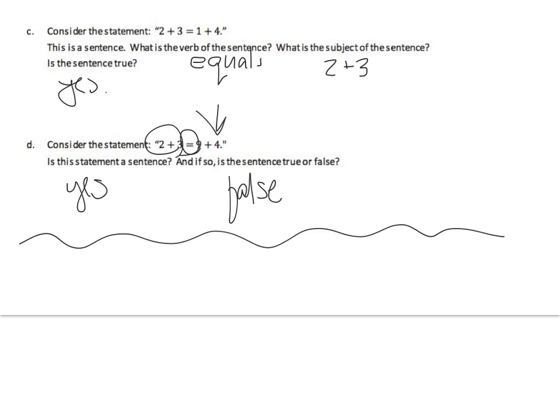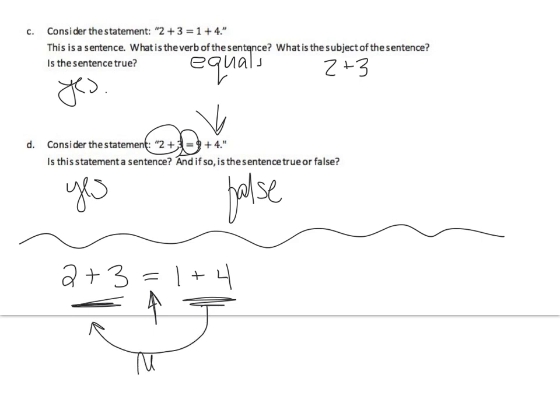And when we see a math statement like 2 plus 3 equals 1 plus 4, this is grammatically correct. The subject is 2 plus 3. The verb is equals or is equal to. This renames the subject.